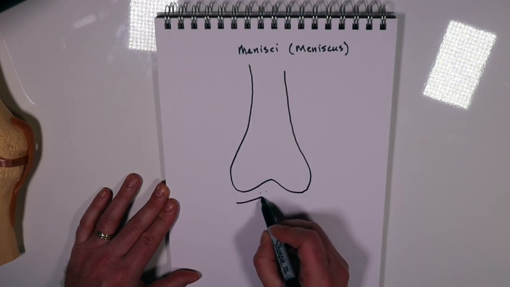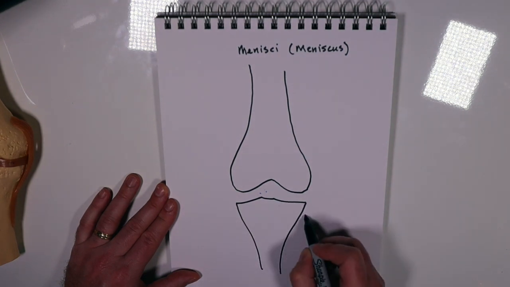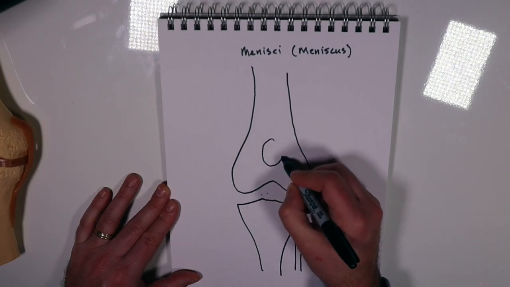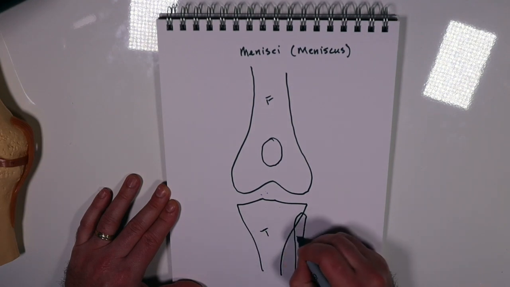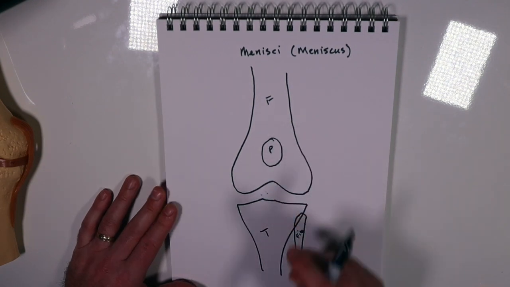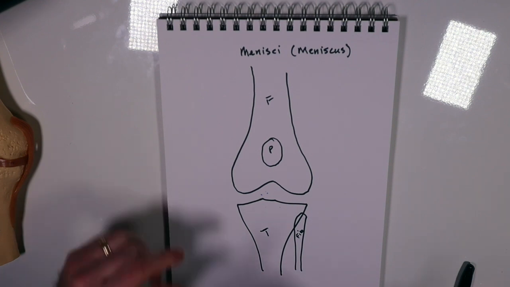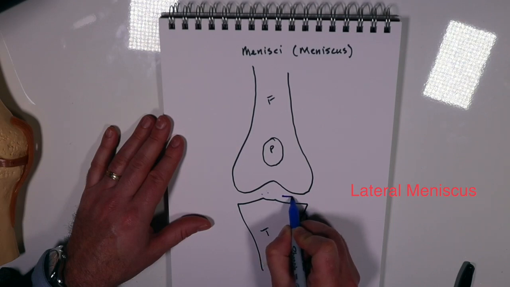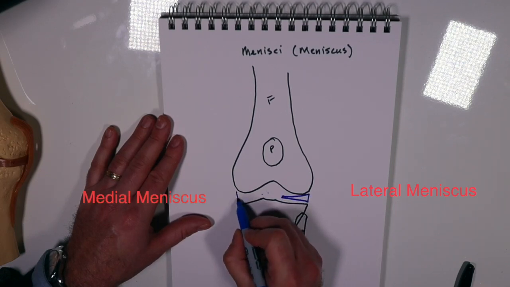If we're looking at a left knee here, anterior to posterior, over femur, tibia, fibula, patella. The menisci sit on each side of the joint. So we have our lateral meniscus and our medial meniscus.